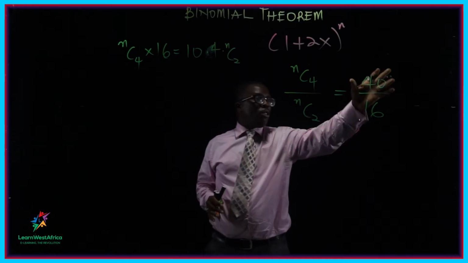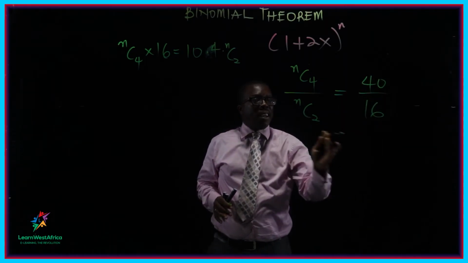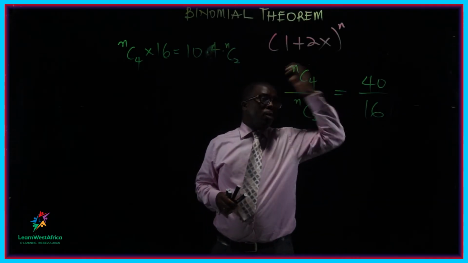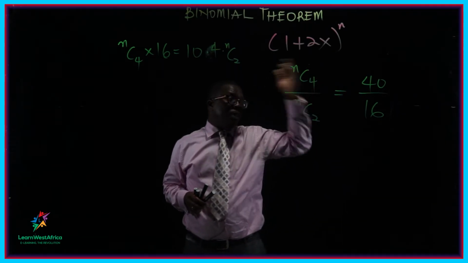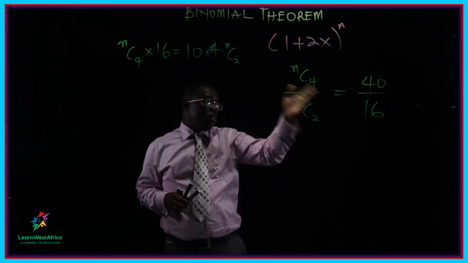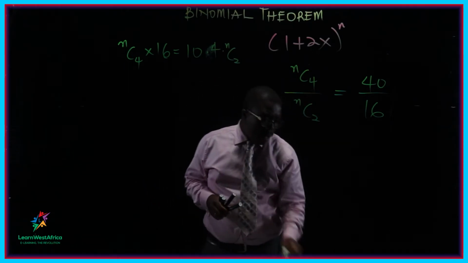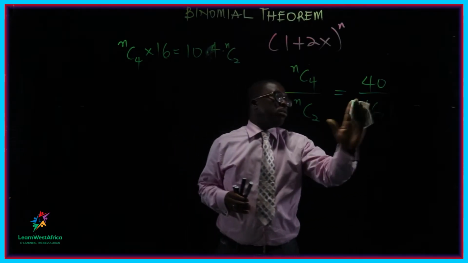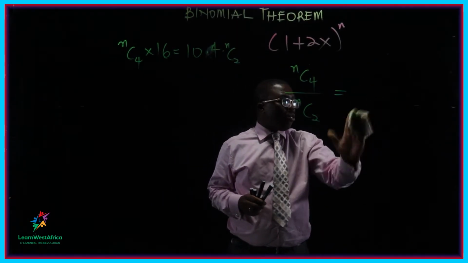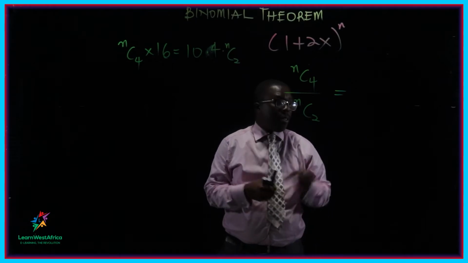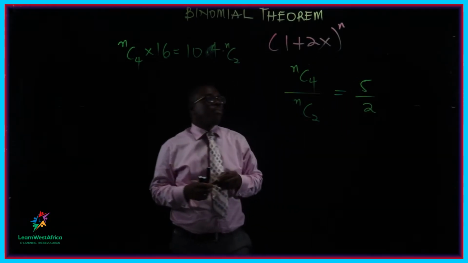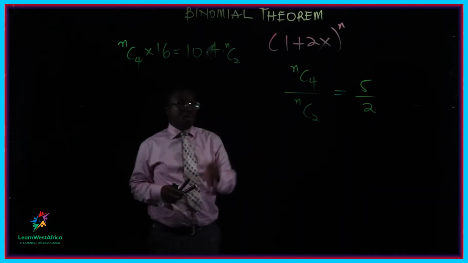Now what is 40 over 16? We can reduce it. 4 can go into 40, 10 times, 4 into 16, 4 times. So 10 over 4, and that's the same as 5 over 2. So we can just reduce this to 5 over 2.